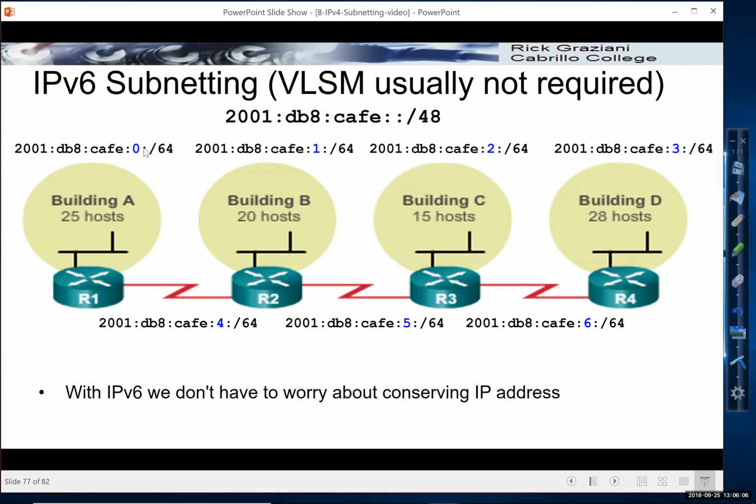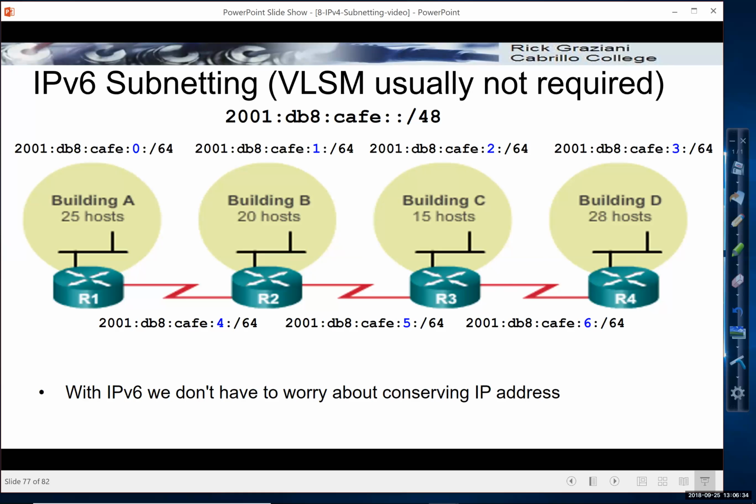Which means that each one of these networks, all of our buildings and these links, can have up to 18 quintillion devices. It's a lot. But again, this isn't about needing that many devices. It's about making it easy to do our network management, our address schema, our address plan, and put our resources where they're needed.